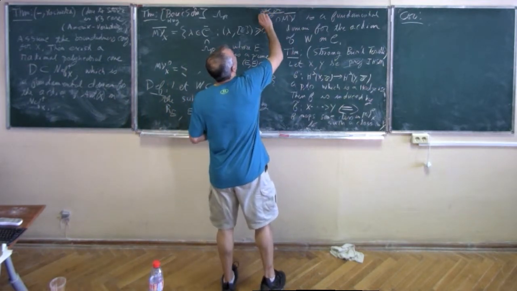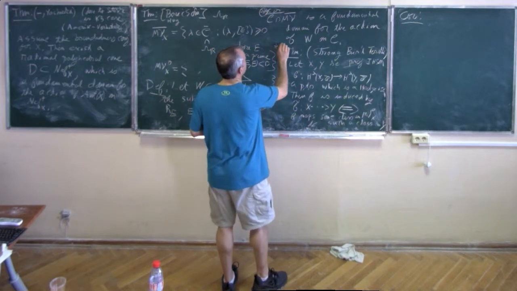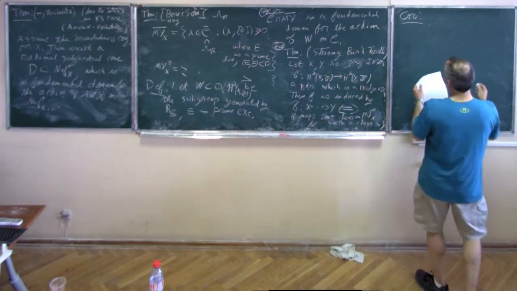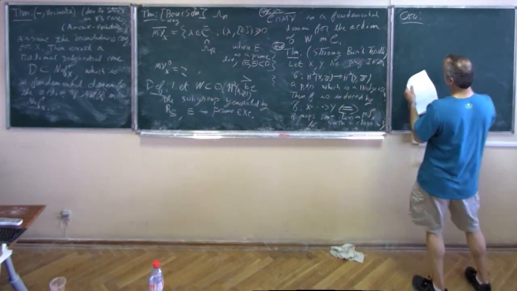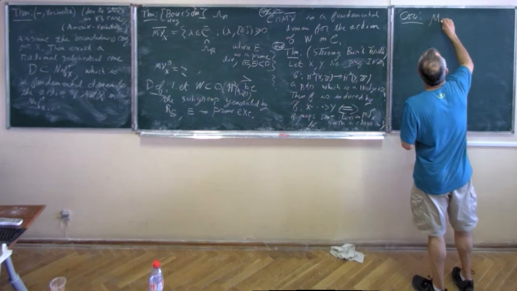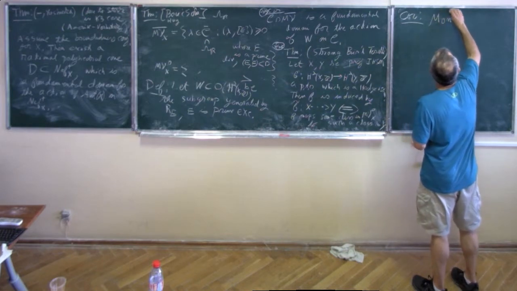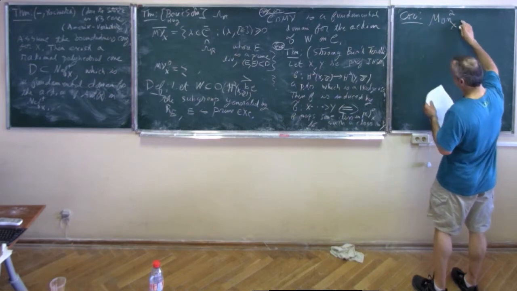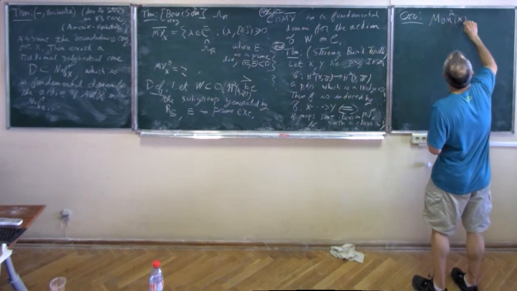So let's combine this with this, and we get the following theorem. You can take all the monodromy operators from X to itself which are Hodge isomorphisms.